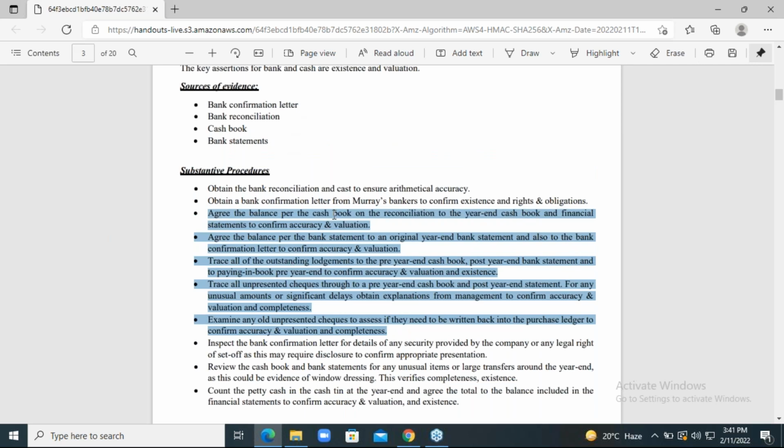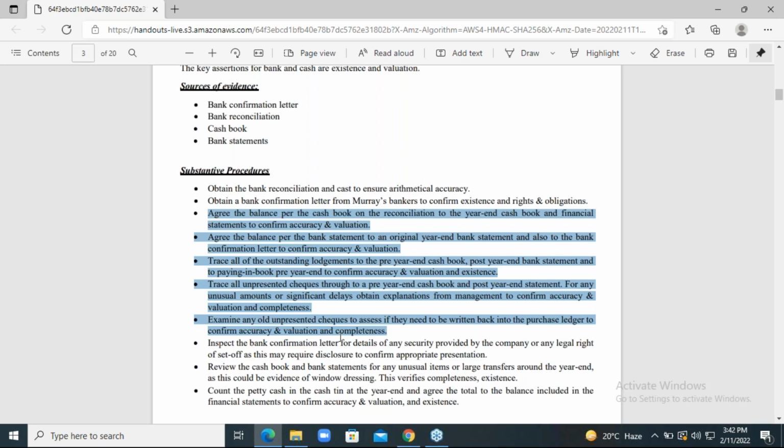You can see they are going to first of all tally the opening balance as per cash book. Then they are going to tally the balance per bank statement. Then they are going to confirm the outstanding lodgements. Then they are going to confirm unpresented cheques. So you can see that there is a pattern followed in writing the procedures, and this pattern is very much straightforward.